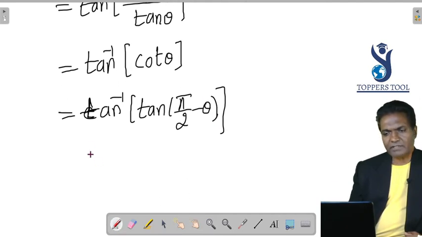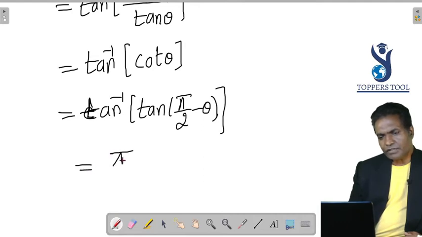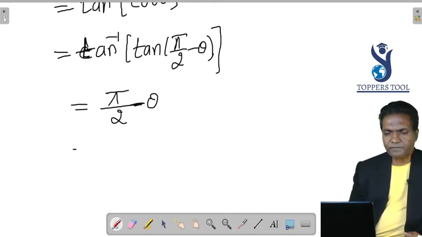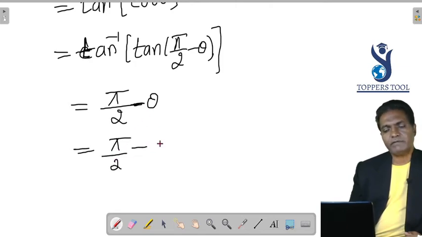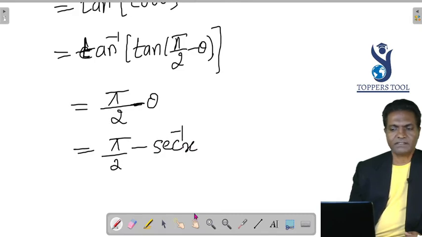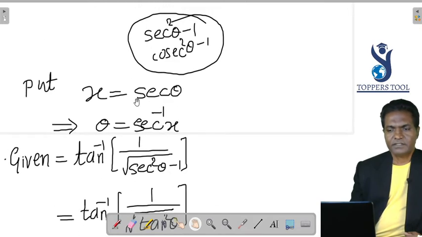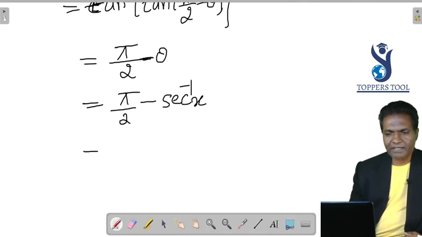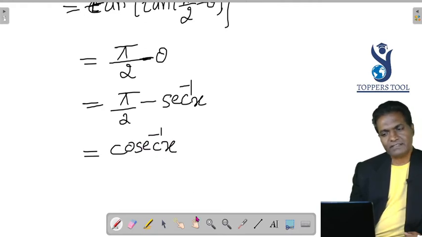Now tan inverse of tan goes out. You can write it as pi by 2 minus theta, or pi by 2 minus, whatever your substitution, theta is sec inverse x. Look at this. You made substitution x as sec theta and theta is sec inverse x. And this can be kept as cosec inverse x.